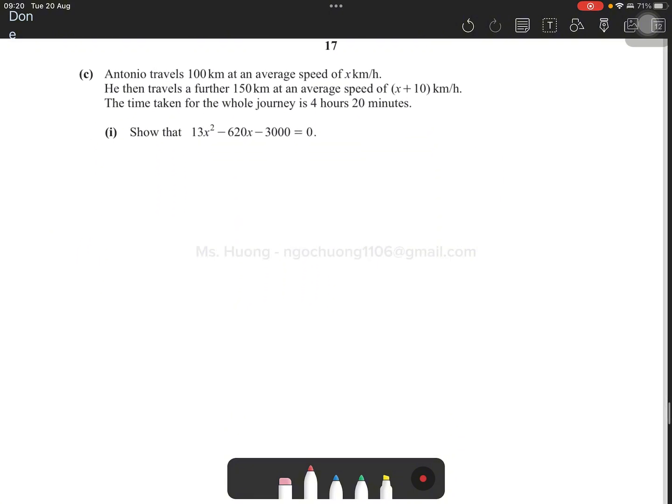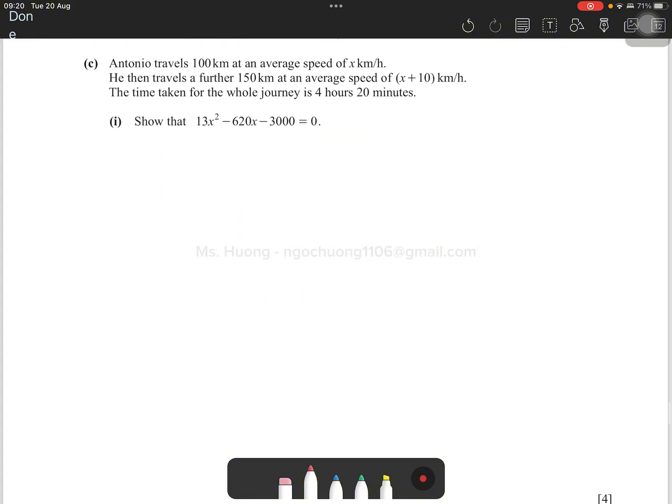C. Antonio travels 100 kilometers at an average speed of x kilometers per hour. He then travels a further 150 kilometers at an average speed of x plus 10 kilometers per hour. So the time taken for the whole journey is 4 hours and 20 minutes.